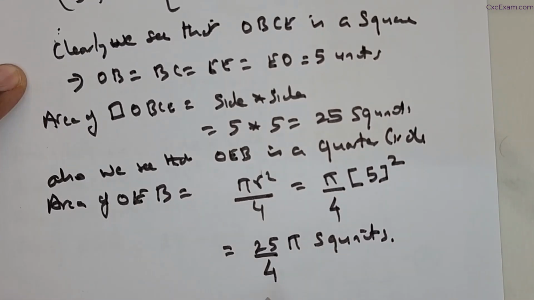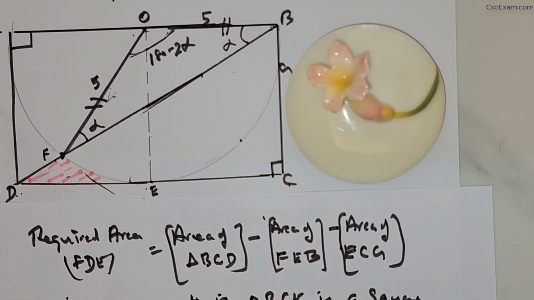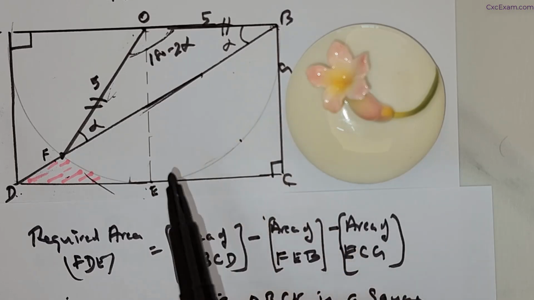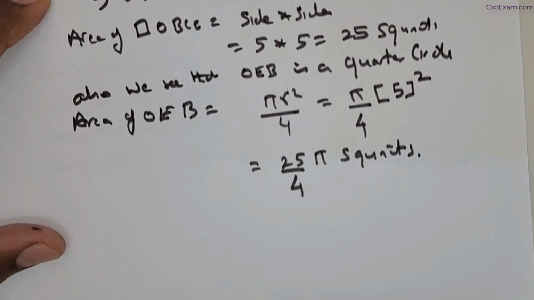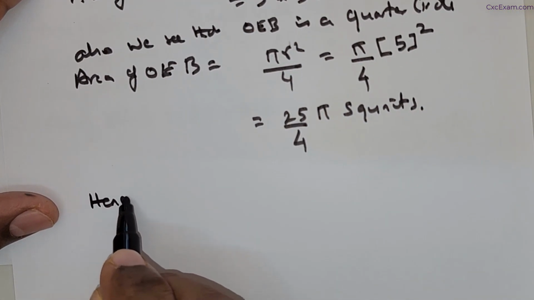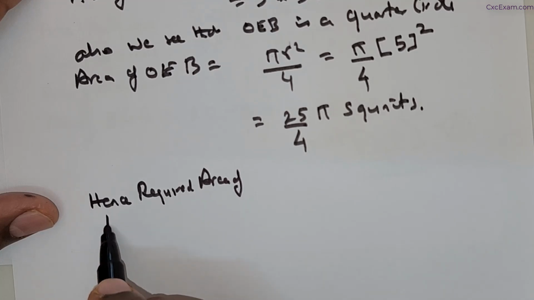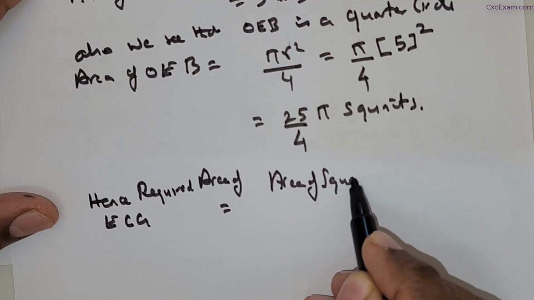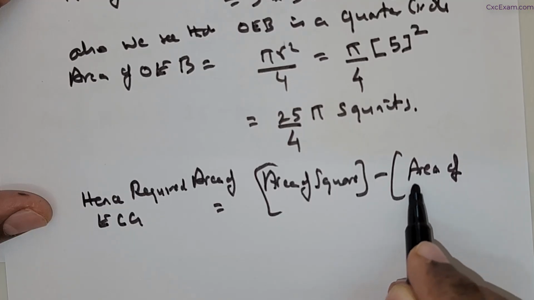Okay, now that we have got the area of the quarter circle, I would like to draw your attention back to the figure. From the square we are taking away the quarter circle, and that would give us the area of ECG. So that's exactly what I'm going to do here. Hence required area of ECG is equal to area of square minus area of quarter circle.